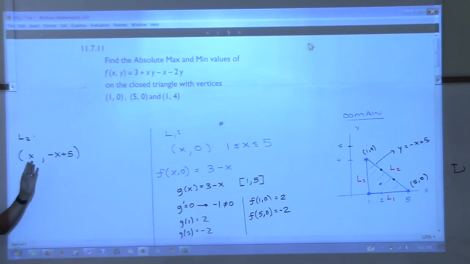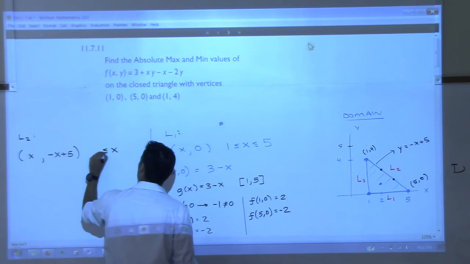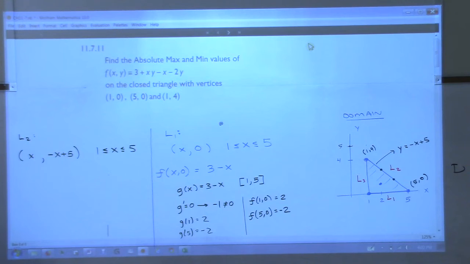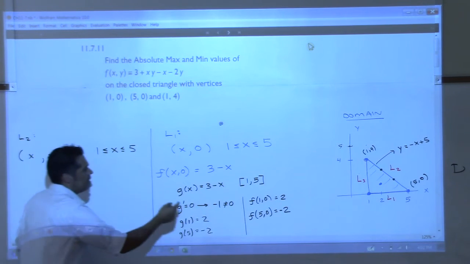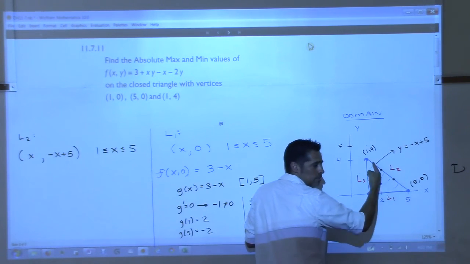And do you have any restrictions on x if you're on that line segment? 1 and 5 again, right? Your x has to be between 1 and 5. So do you all see that all points of this form with x between 1 and 5 allow us to basically move along this line L2?